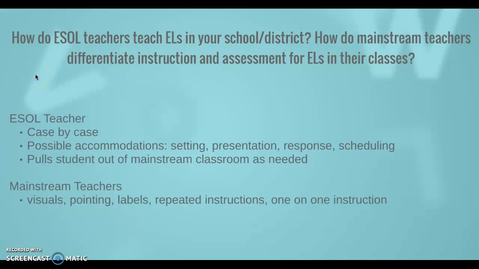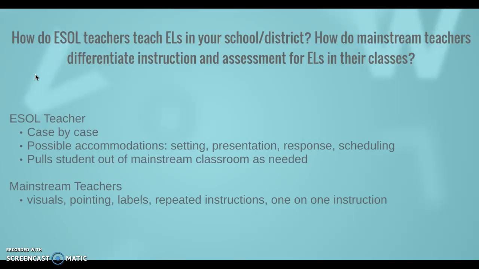ESOL teachers teach English learners in our school just case by case. Again, that's determined by the tests that are taken and the data that is received. There are possible accommodations that can be given for English learners, such as the setting where information is given, how it is presented, their response to information, how their scheduling works, and ESOL teachers always have the option of pulling students out of the mainstream classroom if needed for direct instruction.